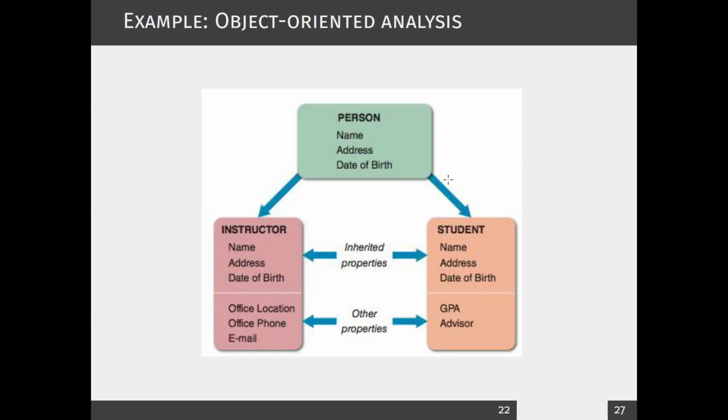So when you create objects from the parent object, person, usually all the properties will be inherited, as we call it. So you will see in both student and instructor, you can identify name, address, and date of birth. So these are called inherited properties. Then you can have extra properties like office location, office phone, and email for the instructor, and GPA and advisor for the student.